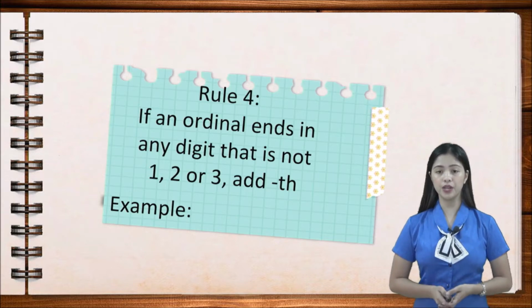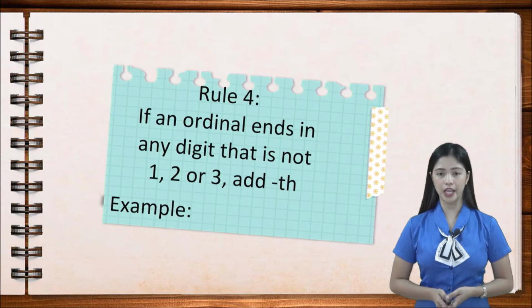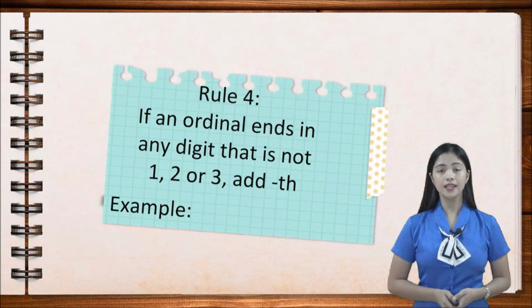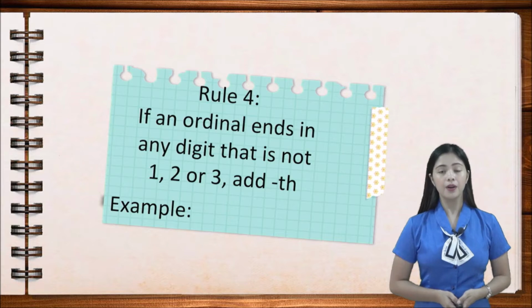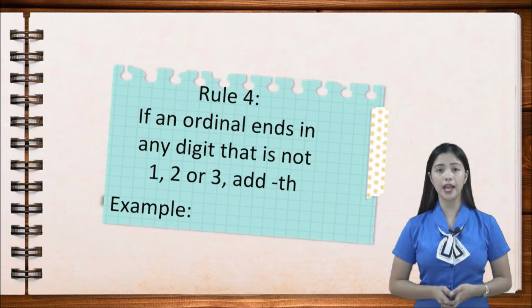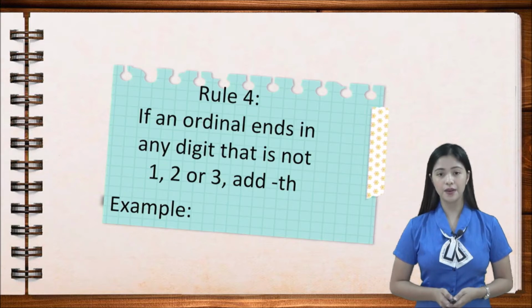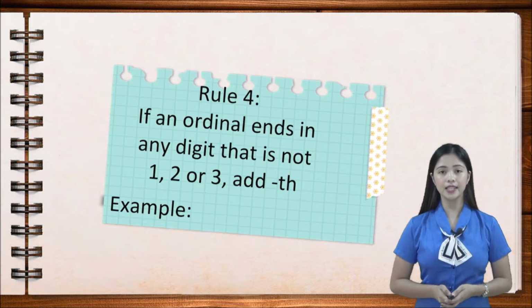And the last rule, kids: if any ordinal number ends in any digit that is not 1, 2, or 3, we need to add TH. So what are these digits? Such as 4, 5, 6, 7, 8, 9, and even 0. When a number ends with those digits, we add TH.